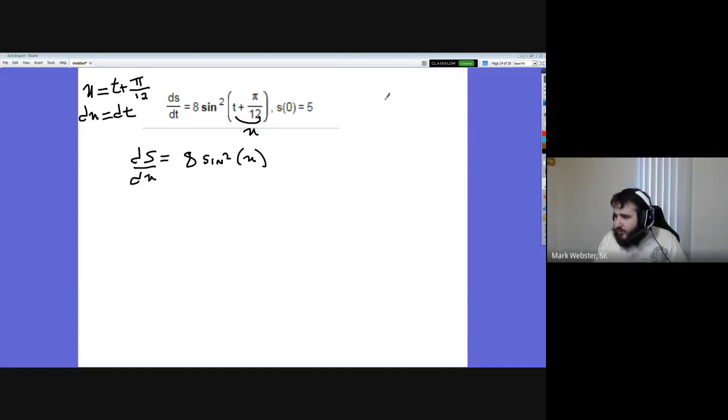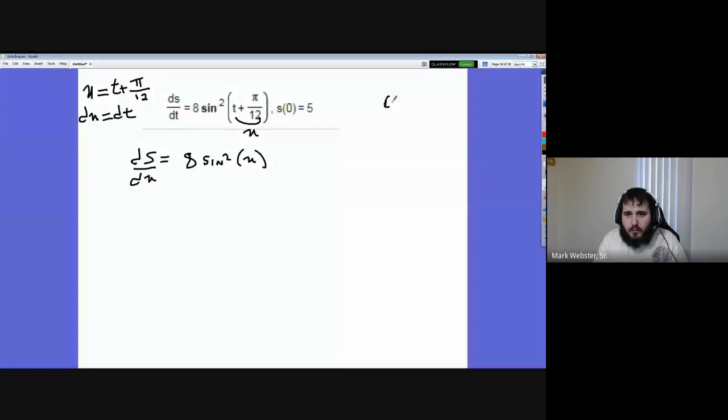So cosine of 2 theta is 1 minus 2 sine squared theta. So let's solve for sine squared theta so that we can get what we need. Subtract 1, divide by negative 2.